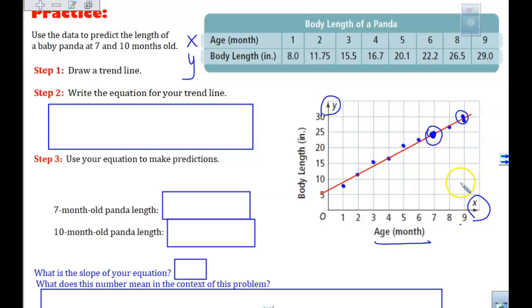So if I am rising, Zephaniah, how much am I rising up from this point to this point? What's my scale over here? How far did I go up? From 25 to 30.